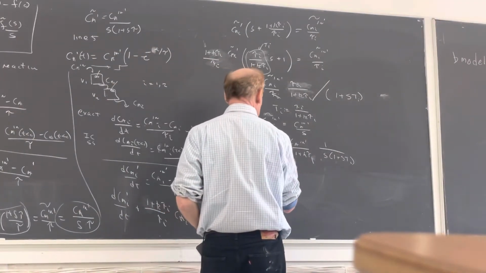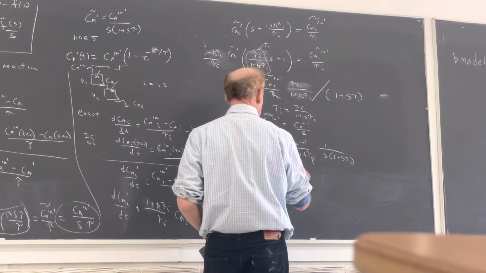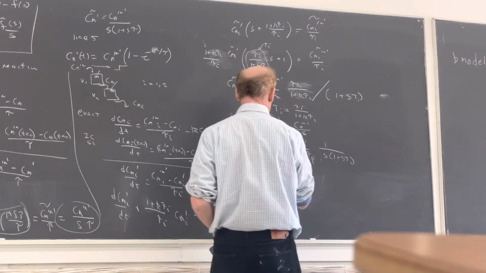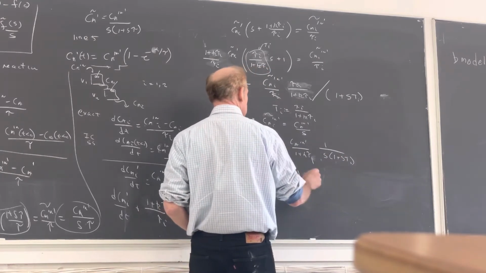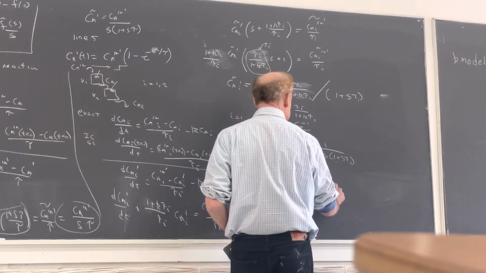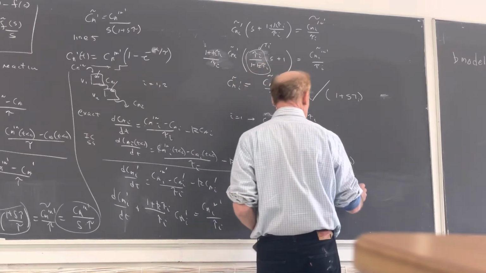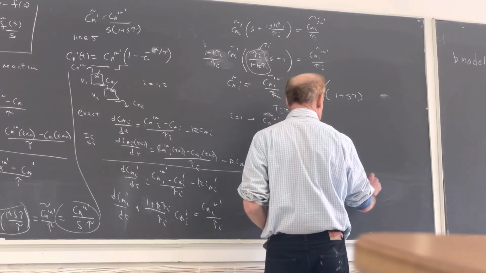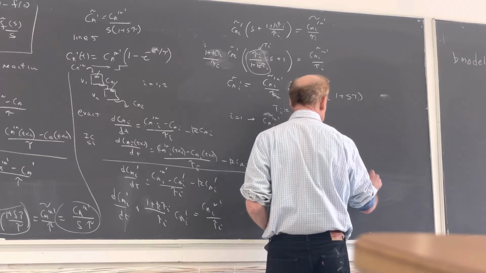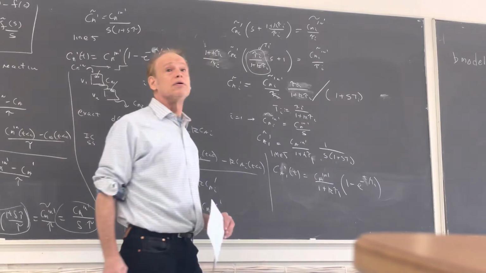This is equal to C_A1' of t, from the table, again line 5, is equal to C_Ain' divided by 1 plus k tau 1 times 1 minus e to the minus t over t_1, which is a result we've had before.